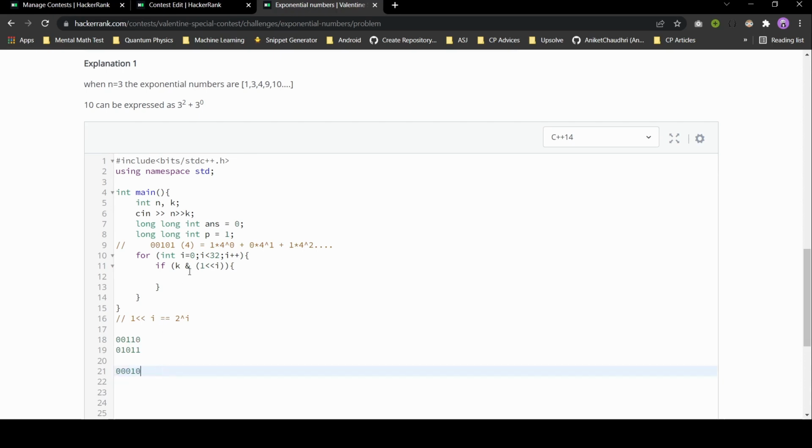So see, the k number, when you write it like this here and you are doing bitwise AND, it is automatically converted to its binary representation. So let k be anything, then k will be converted into its binary representation. Let k be 5. So the binary representation will be this.